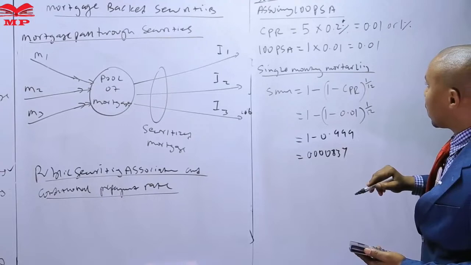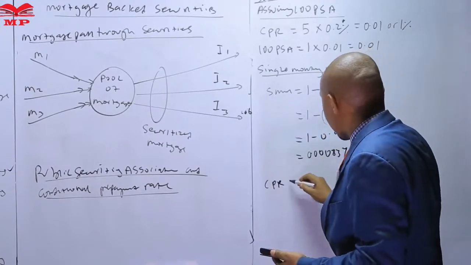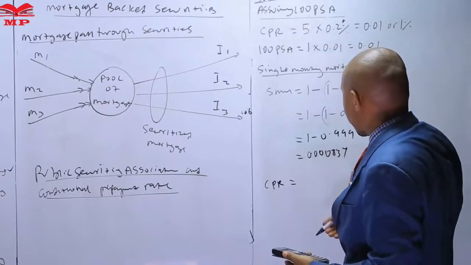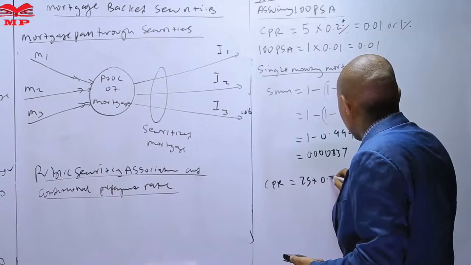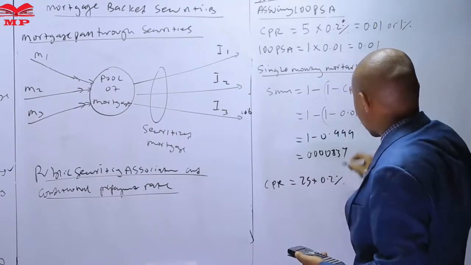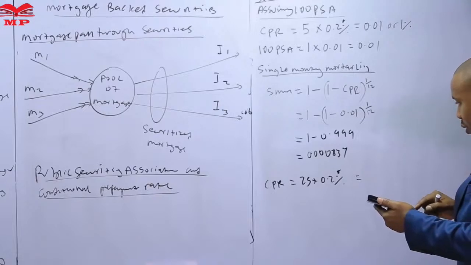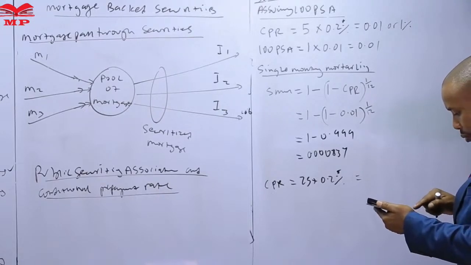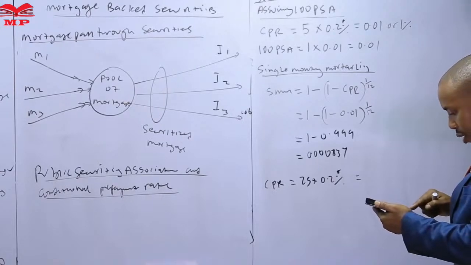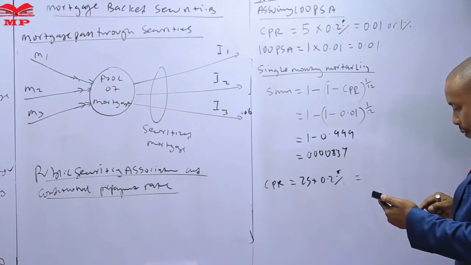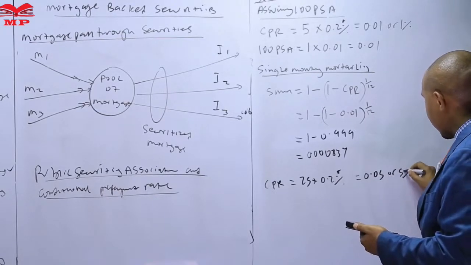What about for the 25th month? So we have CPR like that. For the 25th month, we follow the same steps. 25 times 0.2%. I said this is a constant, so I'll put a star on that. So we have 0.2% times 25, we have 0.05, or 5%.